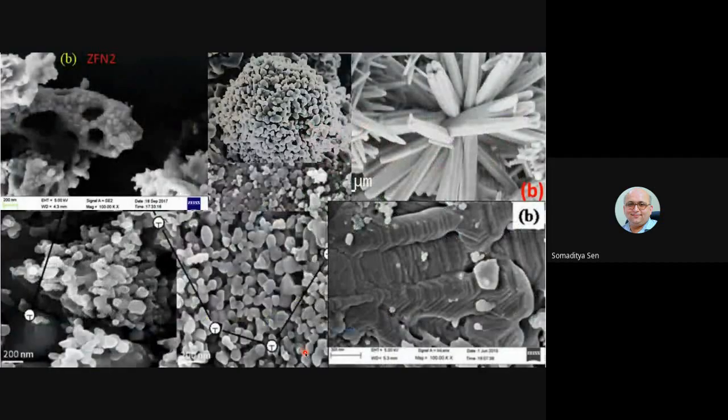As I told you, the structure and morphology are very important. You can understand whether the material is composed of distinct particles, or tied together like this one.